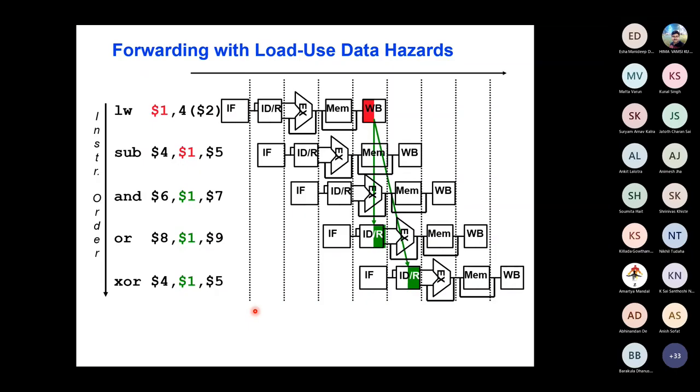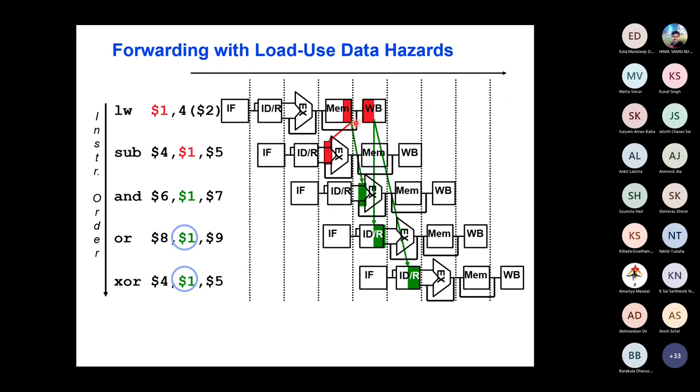The half cycle, it is already available in the WB of the first one. So this is already done. This is done. As I mentioned, as far as the time is concerned, this is okay, because this is at the end of the fourth cycle, this is at the beginning of this cycle.